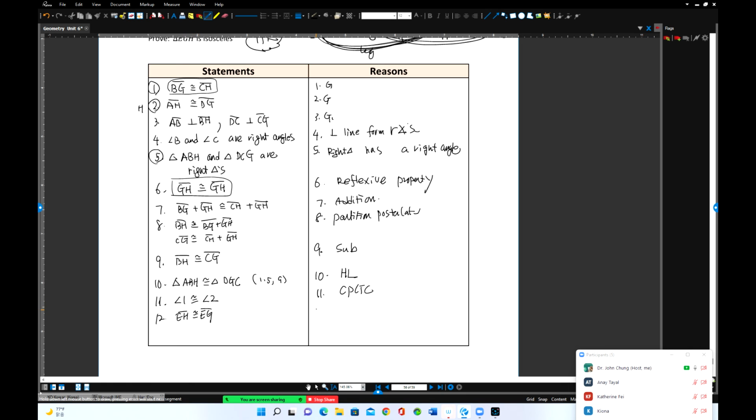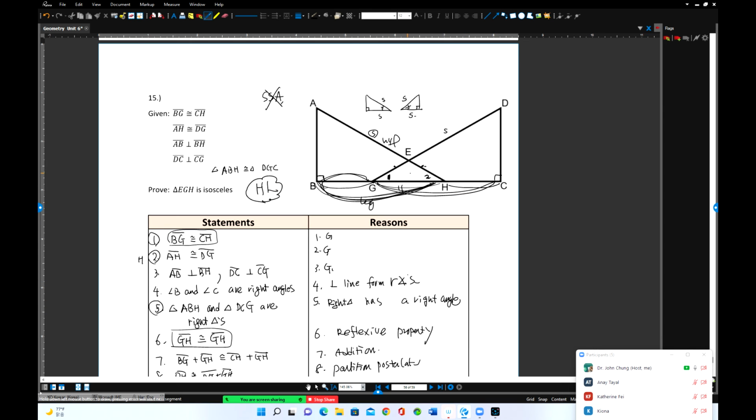The reason is what? The sides opposite congruent angles are congruent. These two angles are congruent, so the opposite sides must also be congruent.